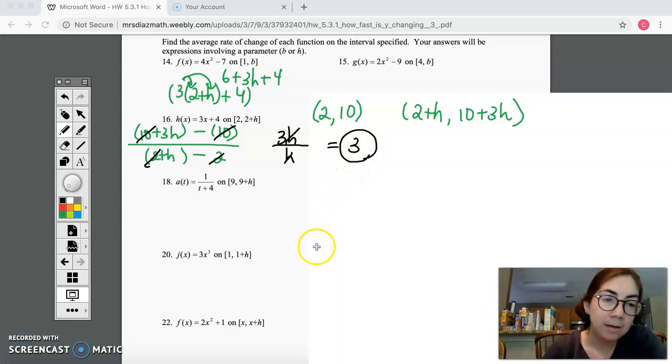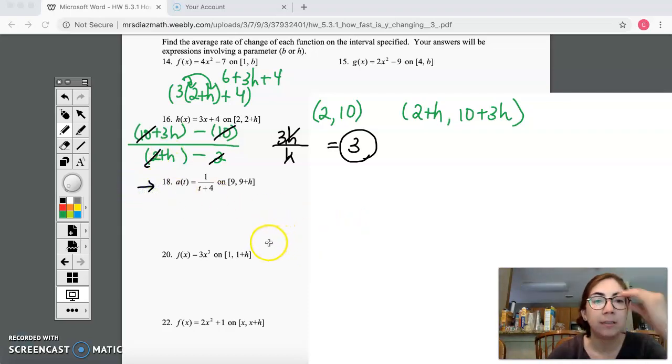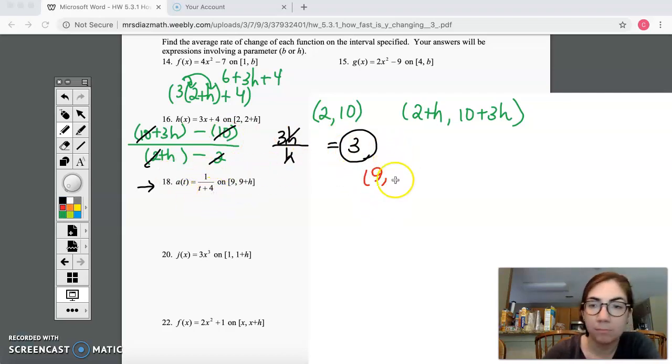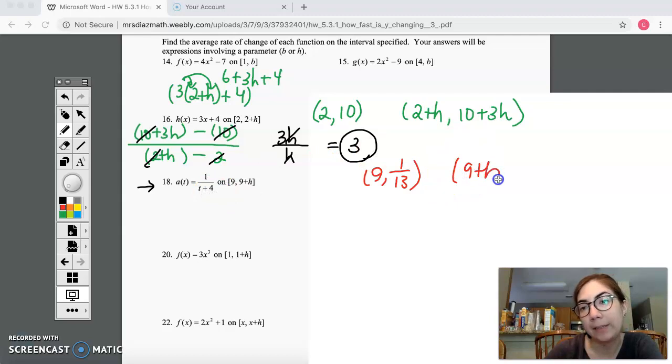Okay. I'm going to do probably one more. And let's do 18, just because 18 has that fraction. So for number 18, we have the number 9. So we're going to plug in 9. 1 over 9 plus 4 is 13. So 1/13. And then the other one is 9 plus h.